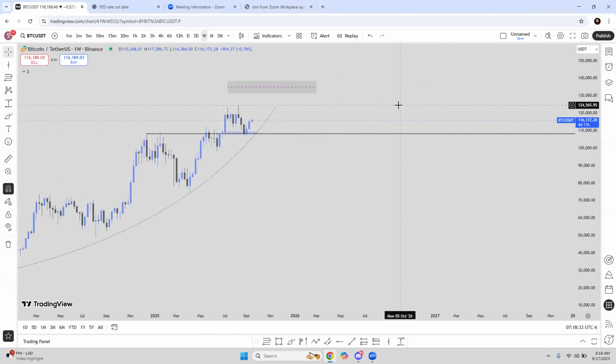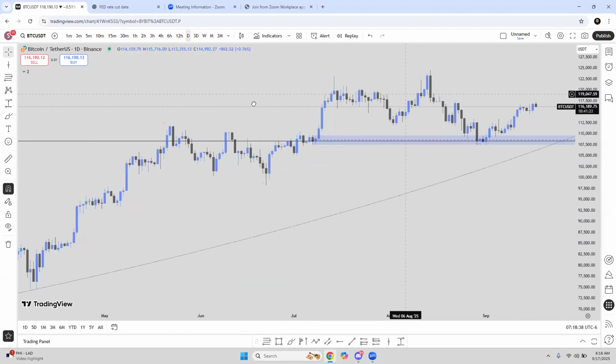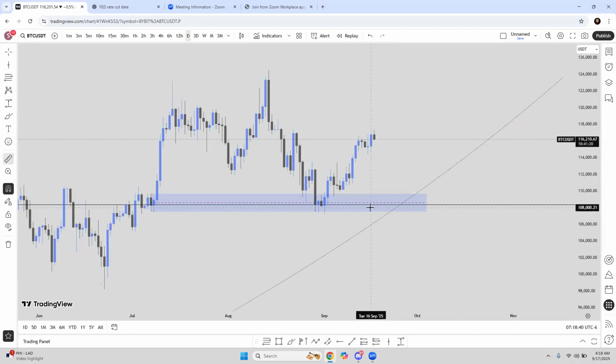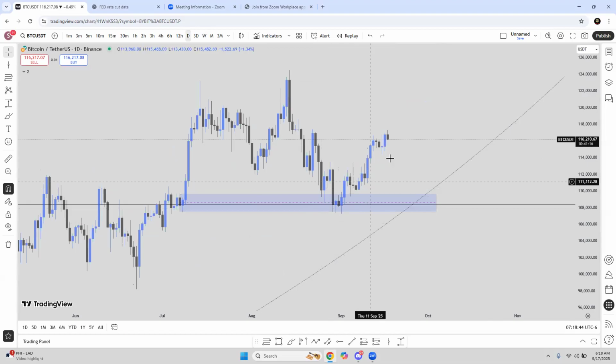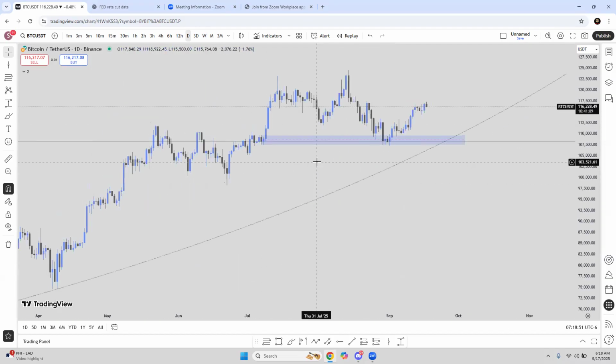So we tapped here and then we went up, and from that demand we are almost up 7-8%. But this was very choppy. Everything was happening around this zone.